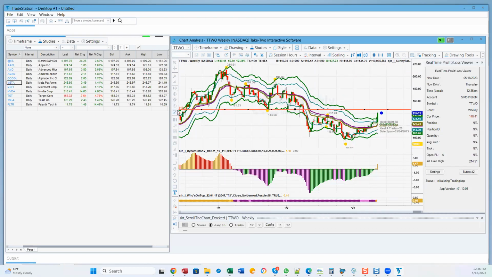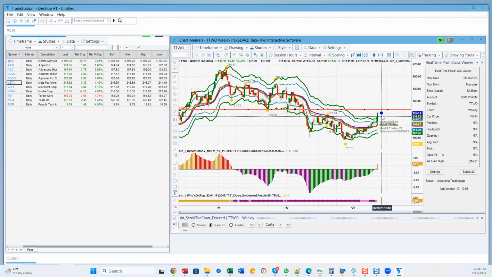And you can see it hits here and hits there. And then it hits here, it hits here, it falls through there, and that's where we're going. And that's at, let's see, 146.44. And that's how high I think it's going to go. 146.44. And right now it's at 140.41.